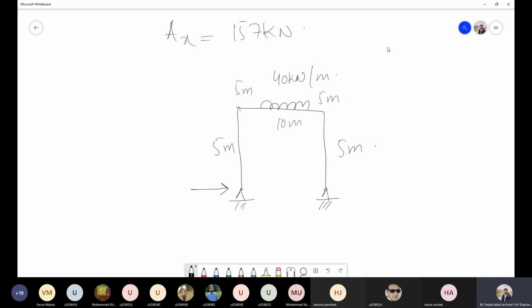We assumed this direction in the start and we have got the positive sign. So that means that this direction was correct. So this is 157 kilonewton. This is 40 kilonewton. And these three reactions now we need to find out. So what will be AY, BY and BX?